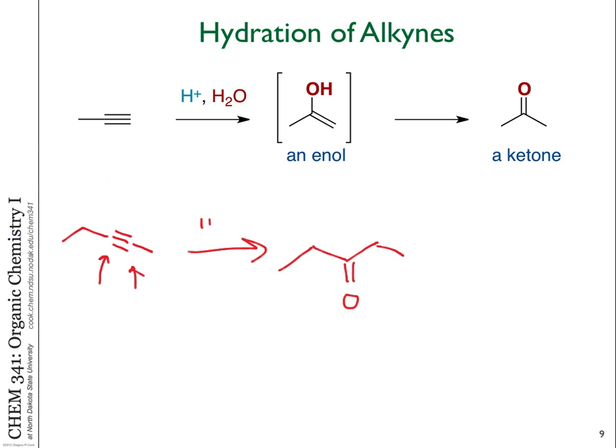They're both substituted, so there's no way to really select which of those you would get. You would get a mixture, the 3 ketone and the 2 ketone. A terminal alkyne will always give you the double bond O on the more substituted carbon.